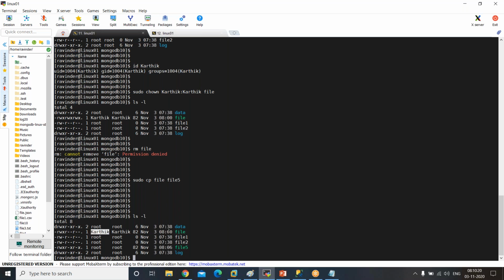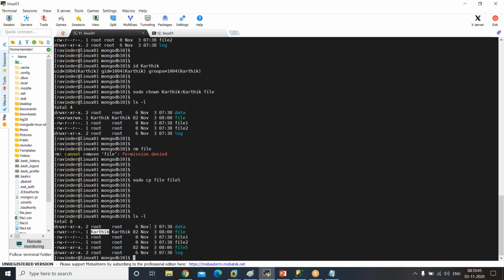Here Karthik owns this file, so he can change the permissions if he wants, because he owns that file and he can modify it. He can do anything on the file. He's the owner of the file. He cannot delete, because he doesn't have permission on the directory where the file is sitting. See, the permissions hit the directory first, not the file, in terms of removal or creation.